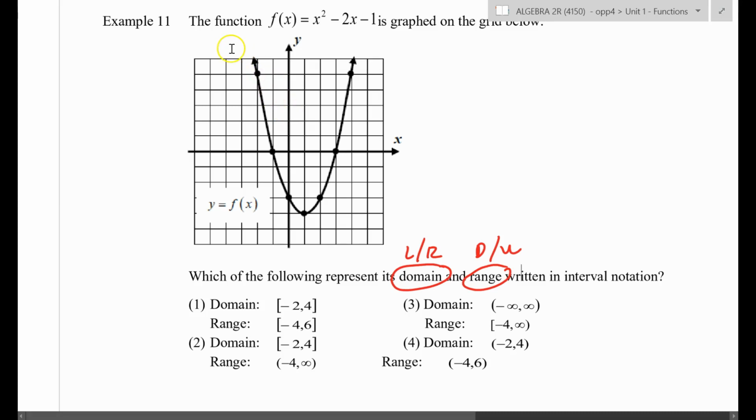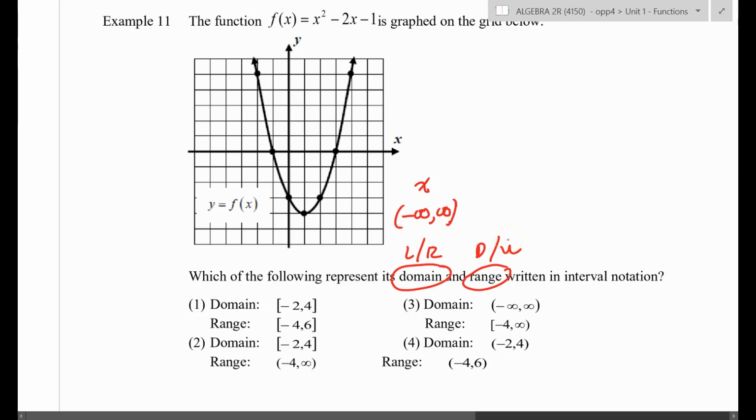So if I'm going to keep moving left, where is this going to eventually lead me to? Negative infinity. So for furthest left, negative infinity. All right, so I start moving along this to the right. And where am I going to eventually get? To positive infinity. All right, so there's my domain. Those are my x values.